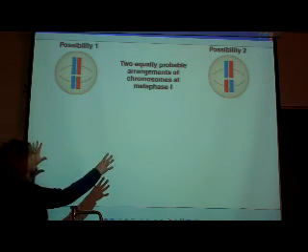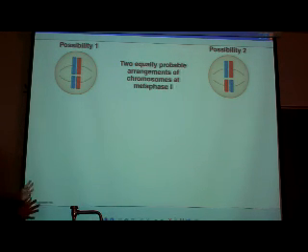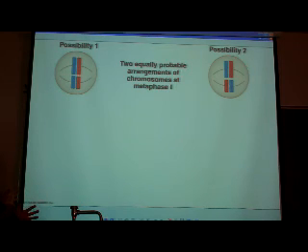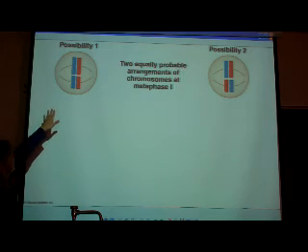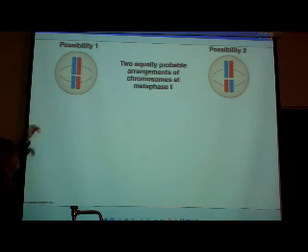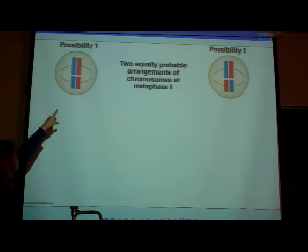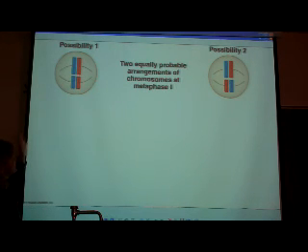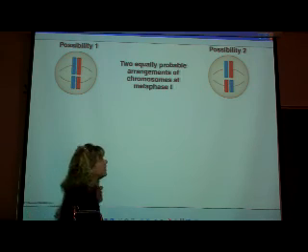Two possibilities in this case of ways that those homologous chromosomes can line up with each other. I like the way they did it better. In other words, this is a 4-chromosome cell. Those homologous chromosomes are pairing up, and they can pair up in that way, where you have a blue chromosome on both sides, they color-coded them.